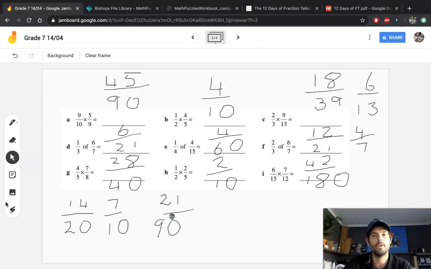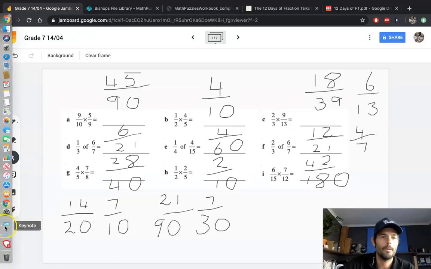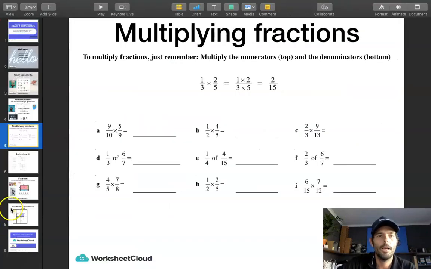But then I'm going to recognize that 3 can go into 21 7 times, and 3 can go into 90 30 times. If you had divided by 2 and then by 3, that's great. It's the same as dividing by 6. So 42 divided by 6 would have got you to 7 over 30. However, if you couldn't figure out that 6, then you can divide by 2 and then divide by 3. That's not a problem. Okay, well done if you got those.